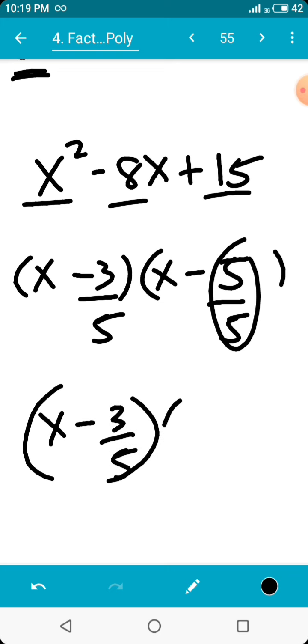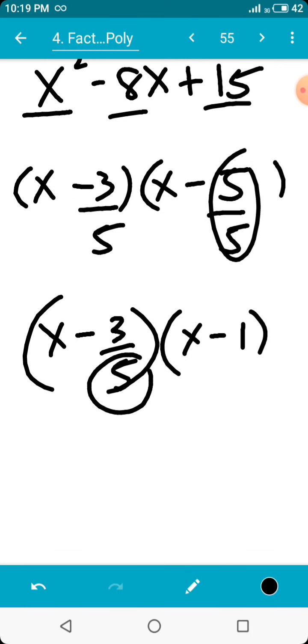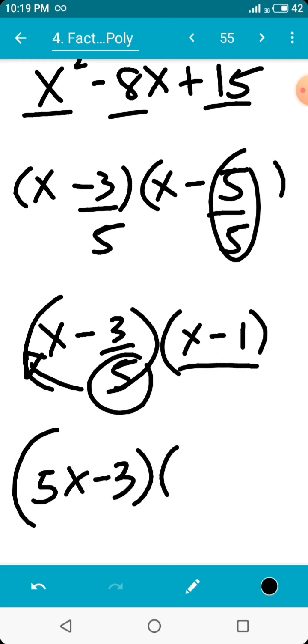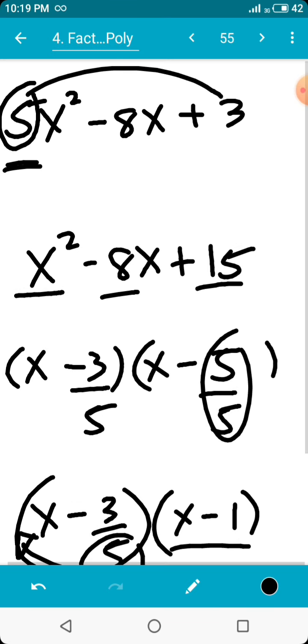Tapos, etong isa naman ay magiging x minus 1 na to. Tama? Yung 5 over 5. Yan. Okay? So, ang next step, di ba may denominator tayo? Dapat ililipat natin dito. Okay? So, magiging 5x minus 3. So, ito, wala nang mangyayari. So, as is na lang siya. Okay? So, ito na ngayon yung factors ng ating trinomials na 5x squared minus 8x plus 3.